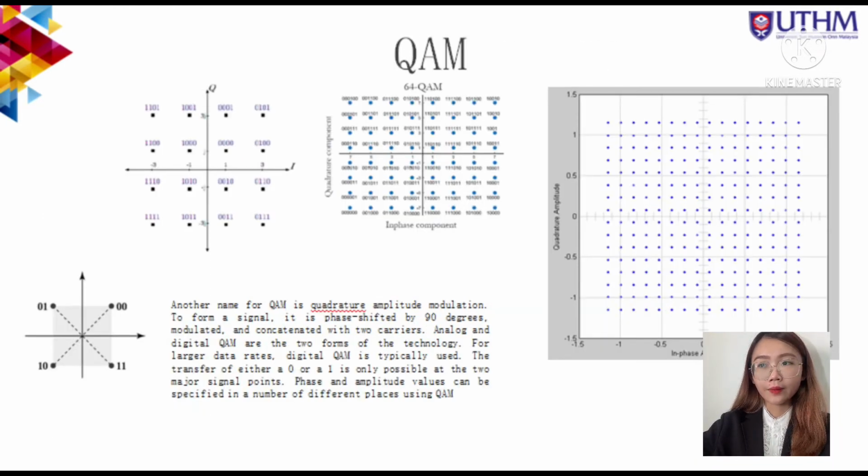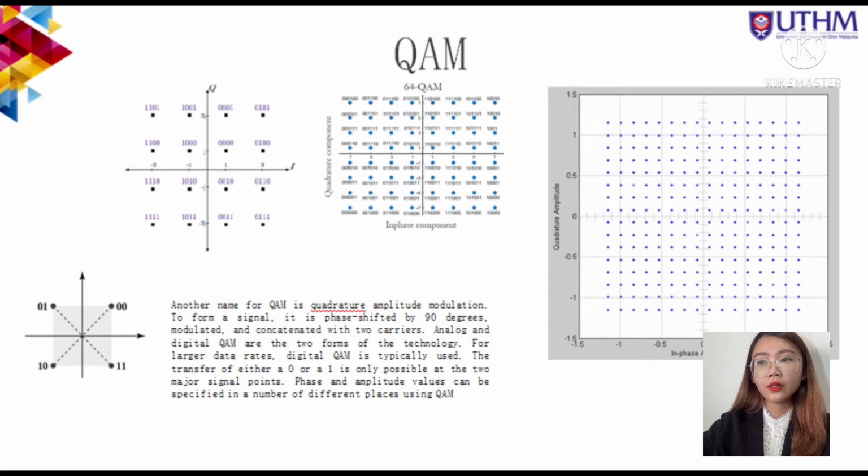Next is QAM, also known as quadrature amplitude modulation. To form a signal, two carriers are phase shifted by 90 degrees, modulated and concatenated. Analog and digital QAM are the two forms of the technology. For larger data rates, digital QAM is typically used.